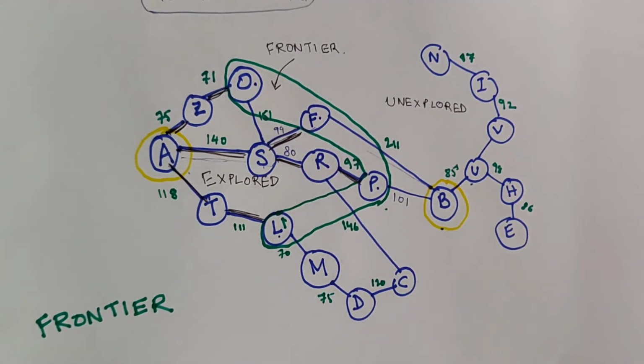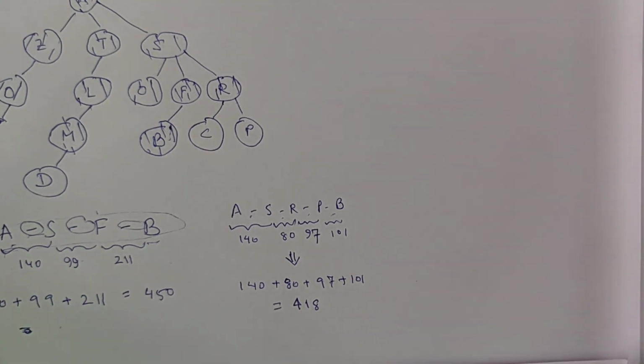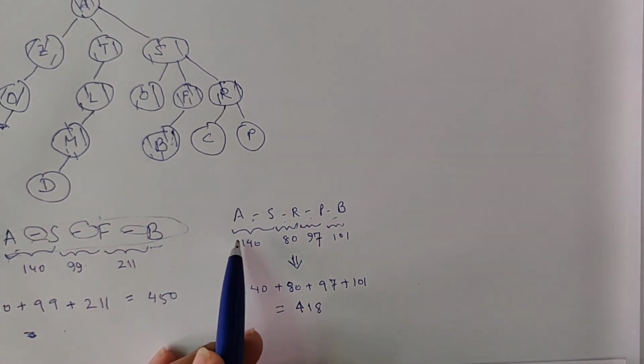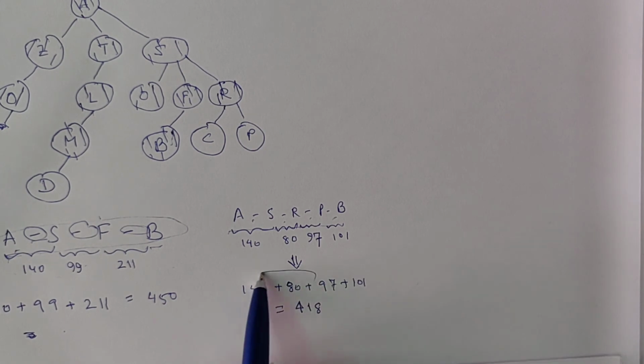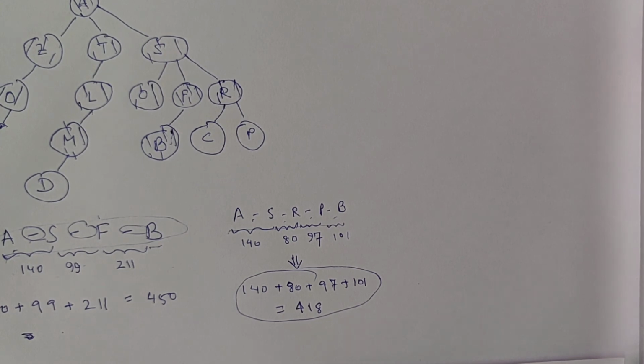So when we take those real world situations, encode them into a path cost and take those path costs into account for finding the solution, we find that ASRPB is a shorter path solution from that point of view, or a more optimal solution, than ASFB.